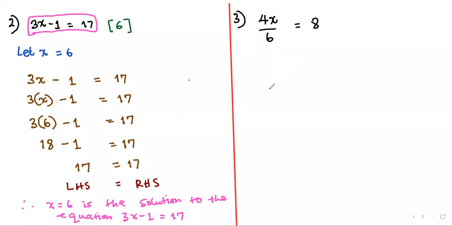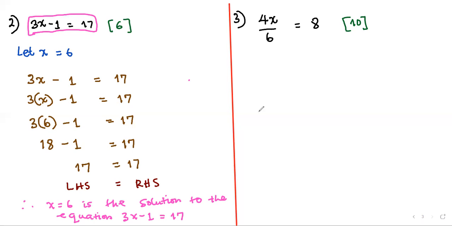But now, the number that we have got in the brackets is 10. We are not sure. We don't know, is 10 the solution or not? 10 will become the solution if it makes the left-hand side equal to the right-hand side. 10 will not be the solution if it makes the left-hand side not equal to the right-hand side.